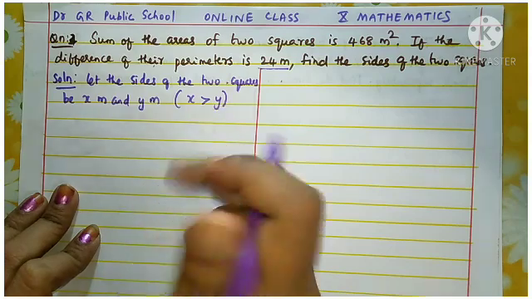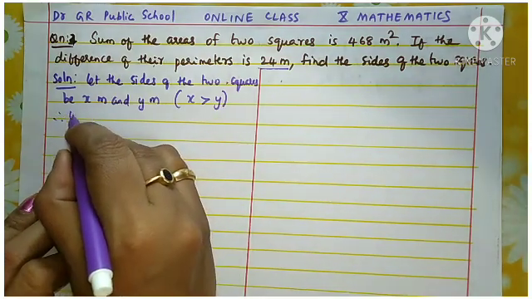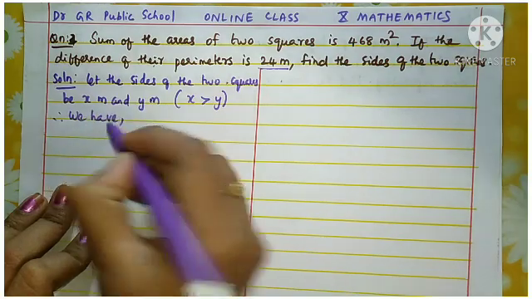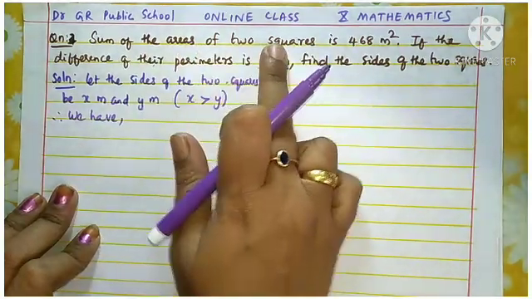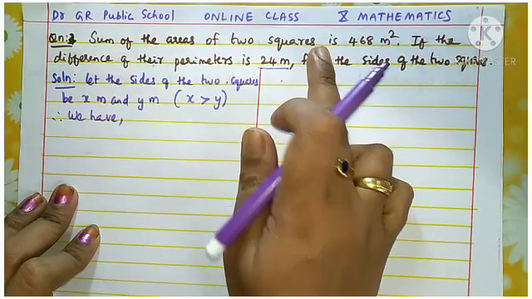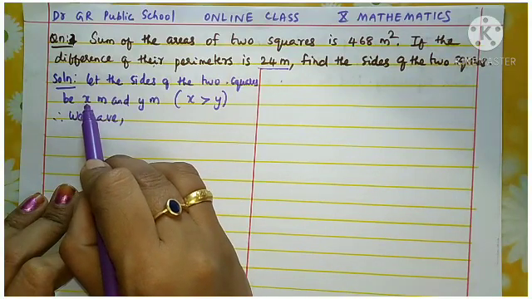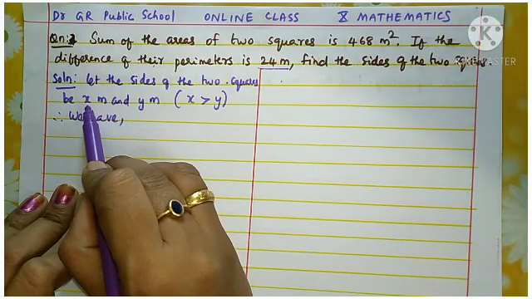Okay, now therefore we have the sum of the areas. What is the area of the square? Formula: side into side. That means if x is the side length, then area is x into x, x square.